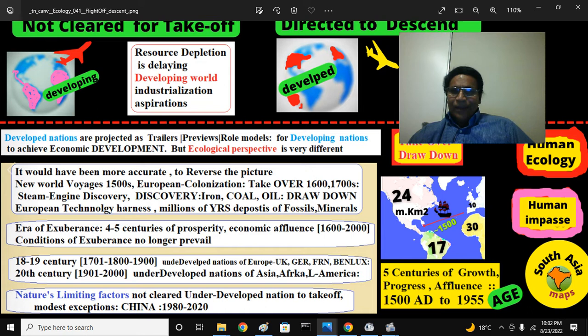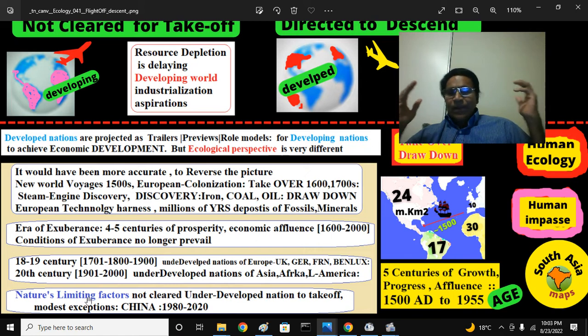At that time, in the 18th, 19th century, the underdeveloped countries of Europe and America had immense amounts of resources that we lack now. Now the underdeveloped countries of Asia, Africa, Latin America lack that. That means there is a nature's limiting factor, that is lack of resources. Most important are fossils: coal, natural gas and oil.